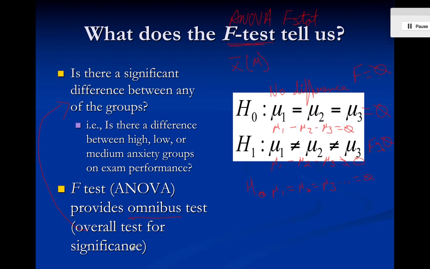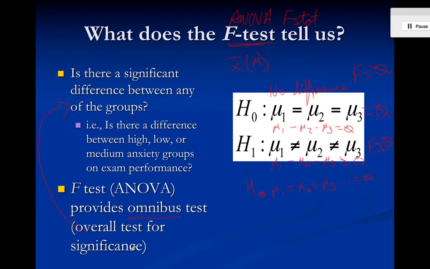So what ANOVA is going to do is tell you whether the groups are equal to each other or not equal to each other. But it's not going to tell you specifically who is not equal to each other and who is equal to each other. So again, very important, and listen very closely to what I'm saying.